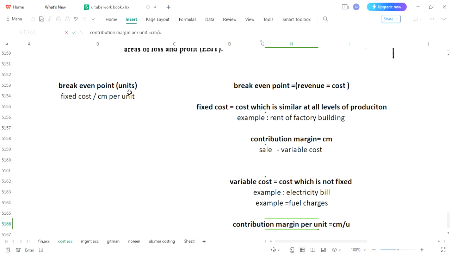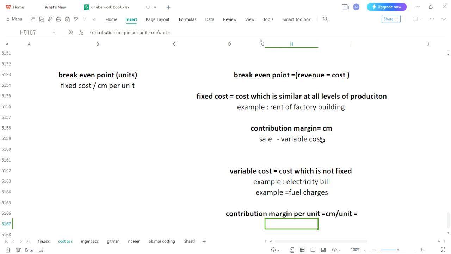For this you will use the same formula, sale minus variable cost, except with a tiny difference. You will take the sale price, but this sale price would be per unit. Then you will subtract your variable cost, and again, variable cost would be taken per unit.